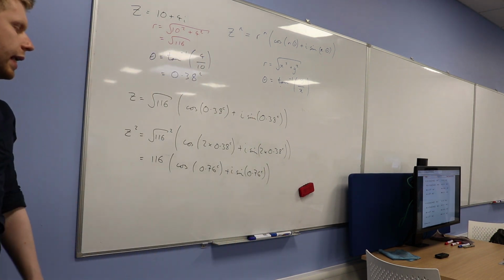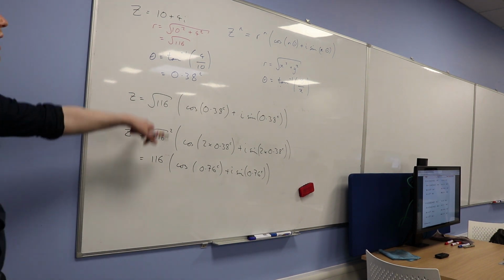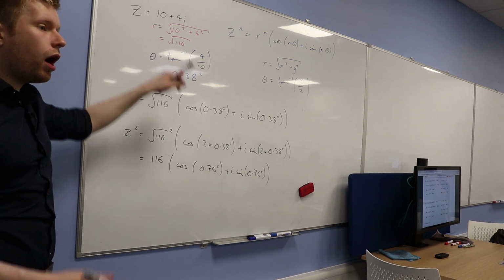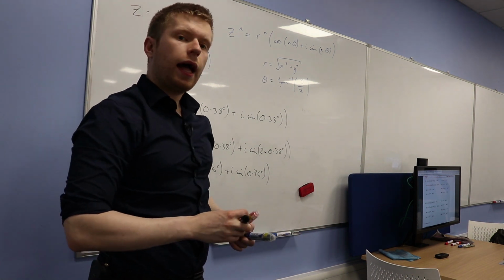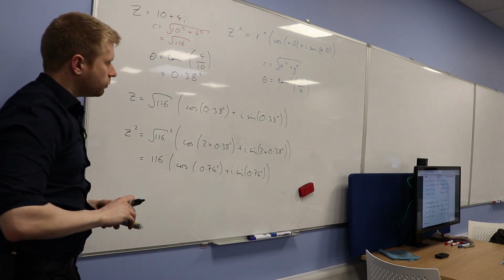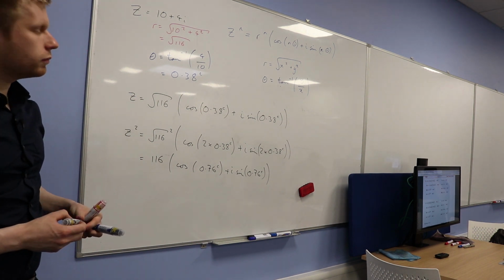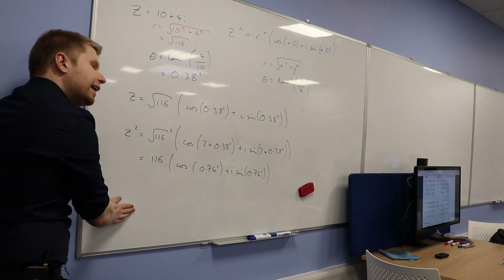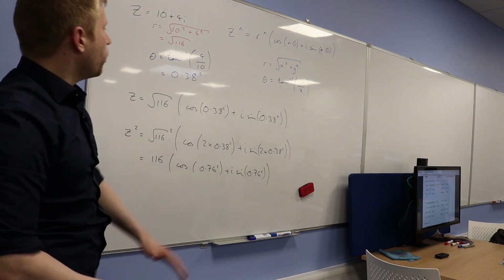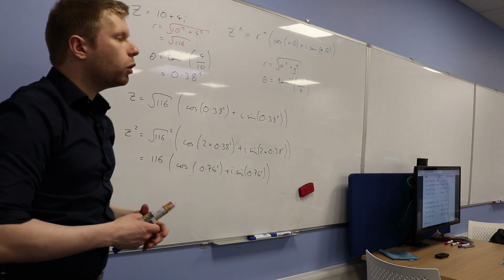Okay? Now, if I asked you to convert this back into the form you were given it in, so back into Cartesian form, how would you do that? How do you go from polar form back into Cartesian form? In other words, some real part plus some multiple of an imaginary part.